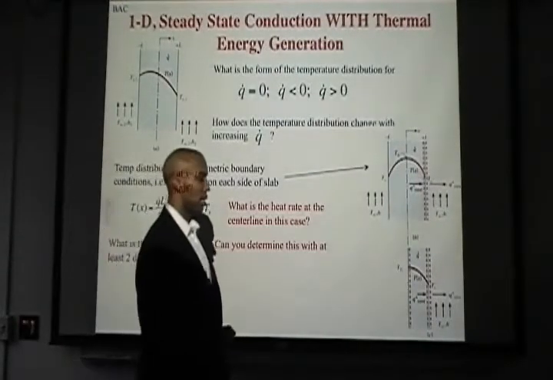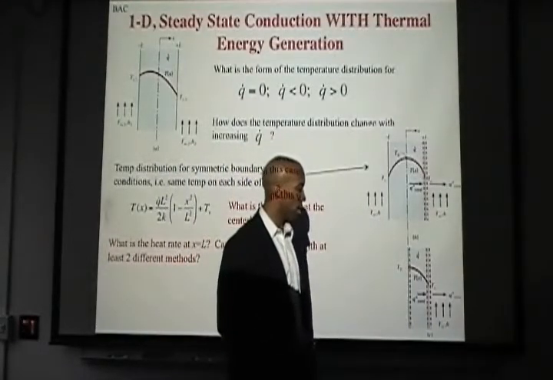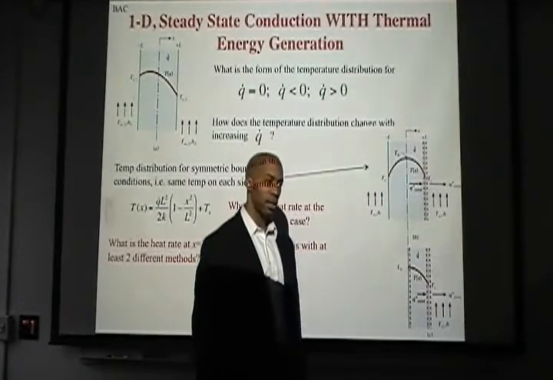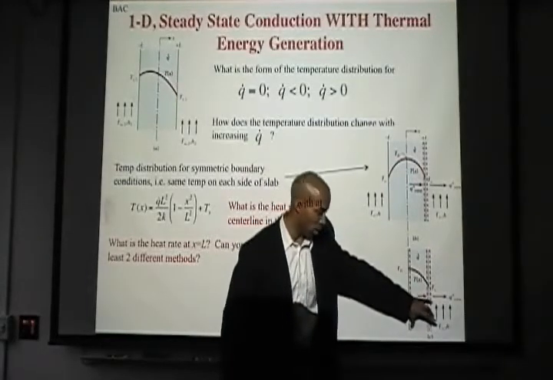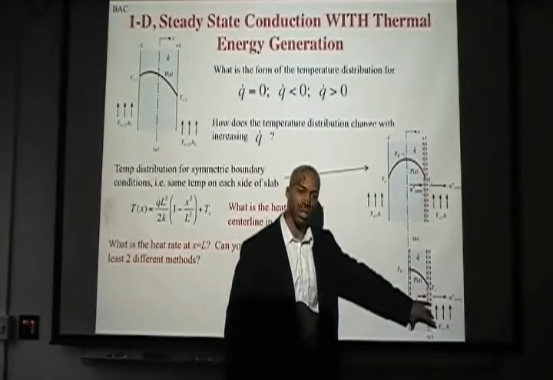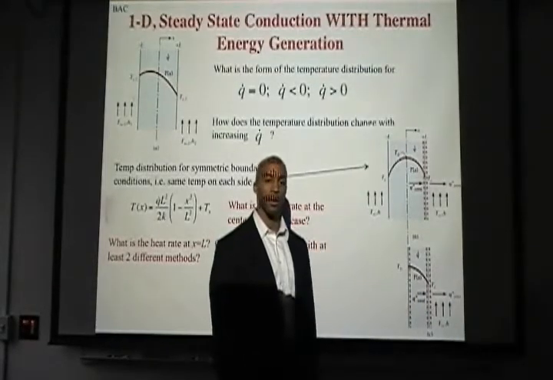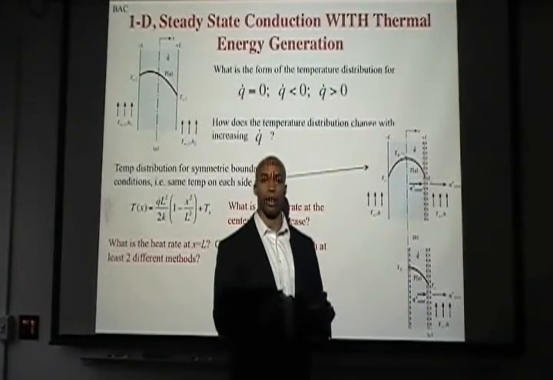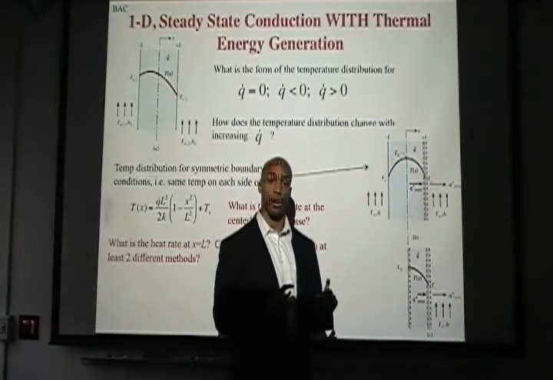Well, in this case, let's look at the heat flux. If we have a volumetric heat generation in watts per meter cubed, and the distance over which that generation occurs in this half wall is L in meters, you multiply q dot times L, you end up with units of watts over meter squared.